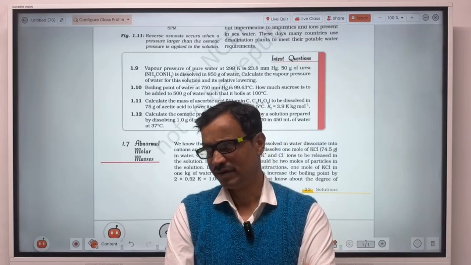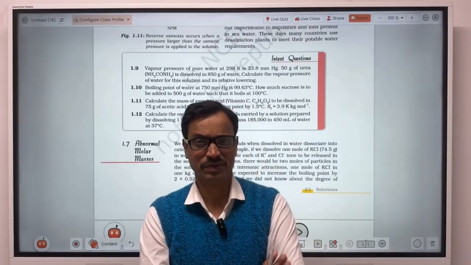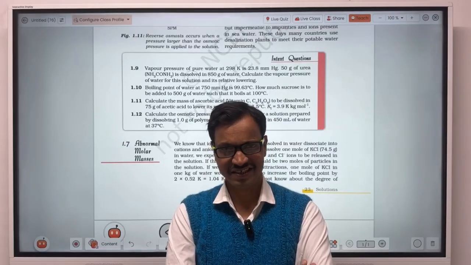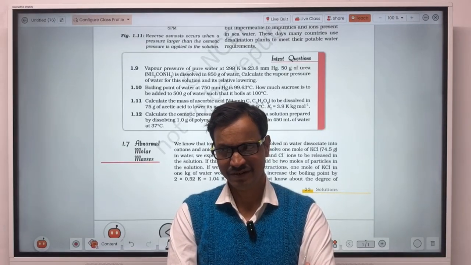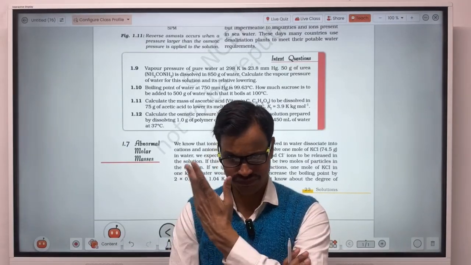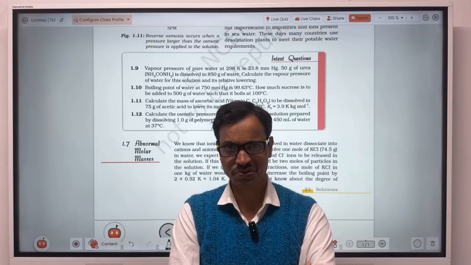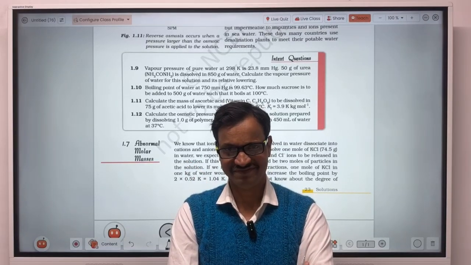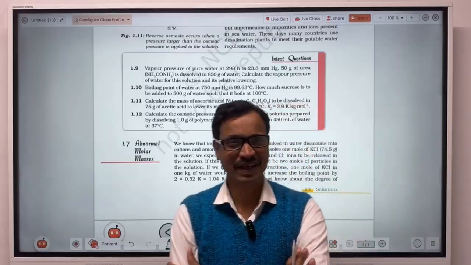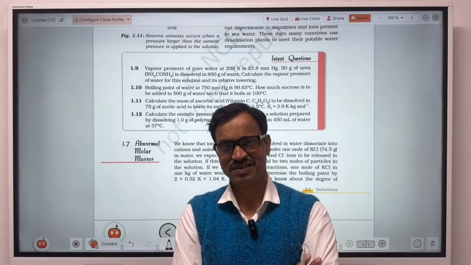Like glucose, when you dissolve glucose in water, the concepts we have studied will apply. But there is some additional information.